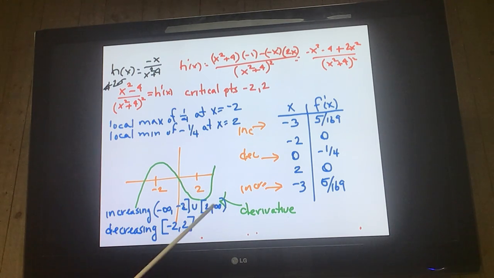It tells me increasing, decreasing, and so on. And again, my other graph would look different than this. This is just a derivative graph, so I can see where the slope is increasing, the slope is decreasing, and so on. My derivative graph wouldn't necessarily look exactly like this, but it gets the job done.